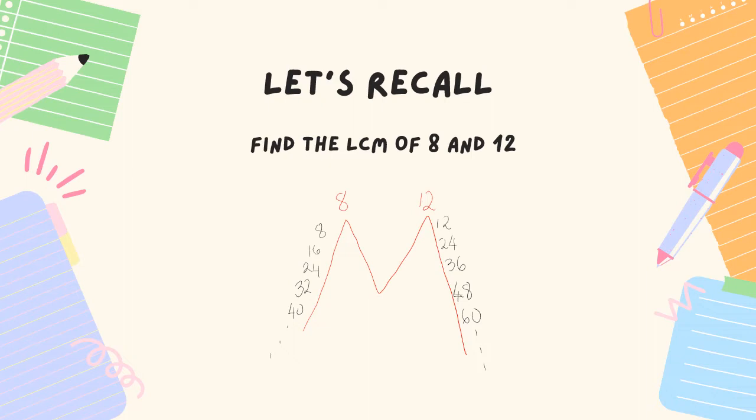So, can you spot any numbers that are the same on one side, which is 8, and on the other side, which is 12? All I can see here is 24. So the answer is 24 for the lowest common multiple of 8 and 12, and this is using the M method.